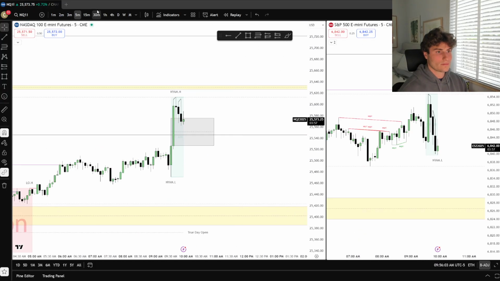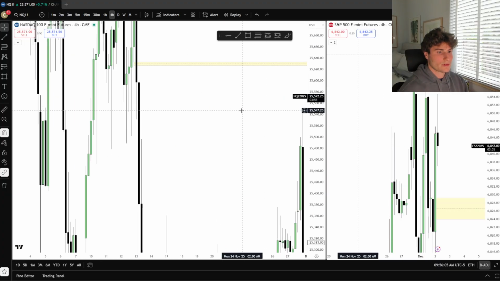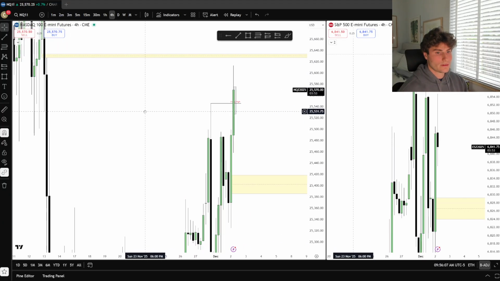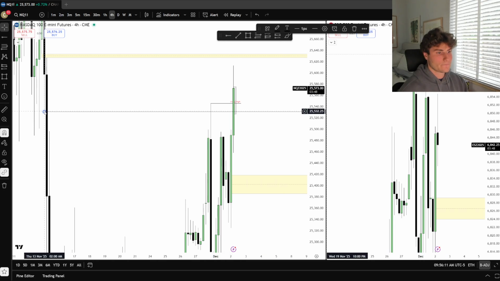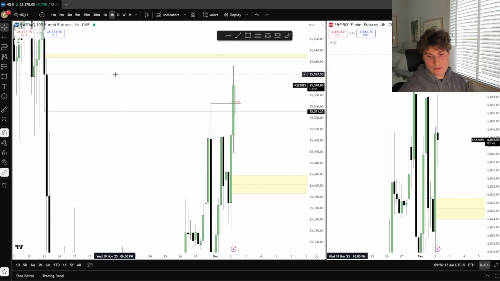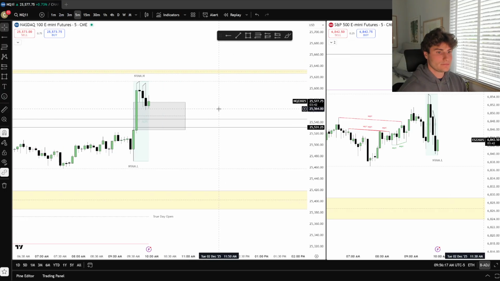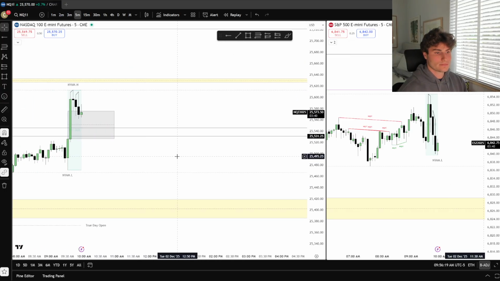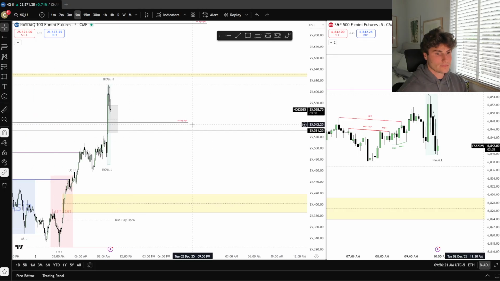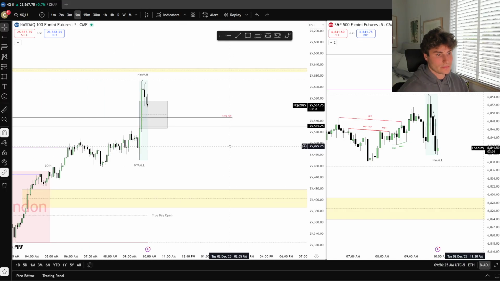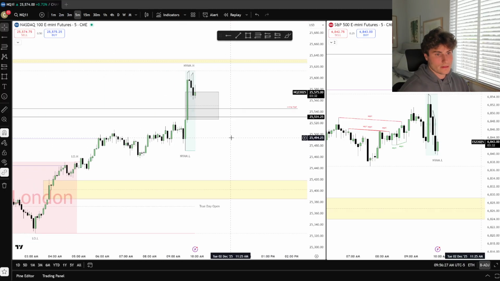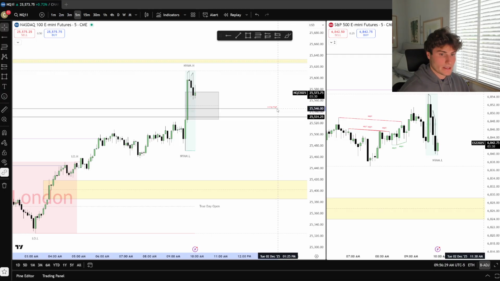See if we inverse this 4 hour. We have 4 minutes. So see what this 5 minute candle does.